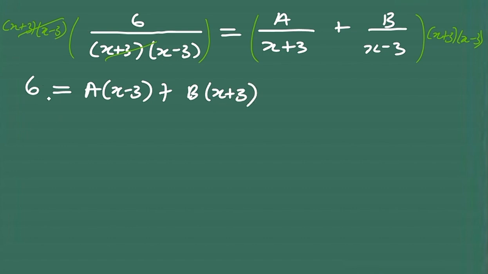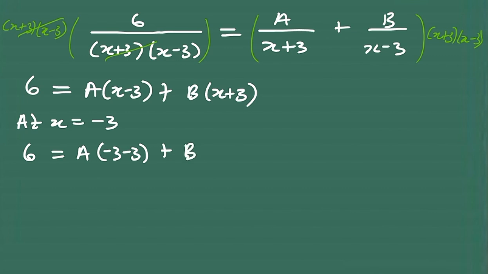Now the next thing we are going to do is try to eliminate one of the terms. We can do that by choosing a certain value of x that will eliminate one of the terms. So if we say that at x equals minus 3, we have 6 equals A into bracket minus 3 minus 3 plus B into bracket minus 3 plus 3.